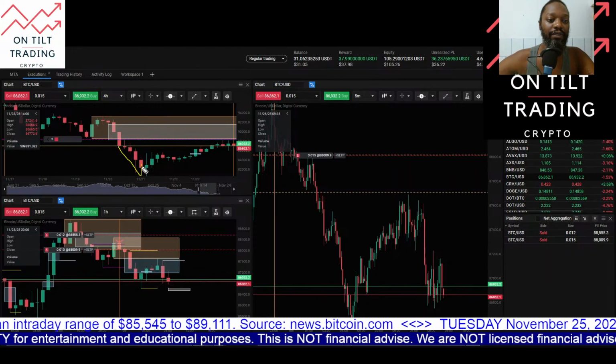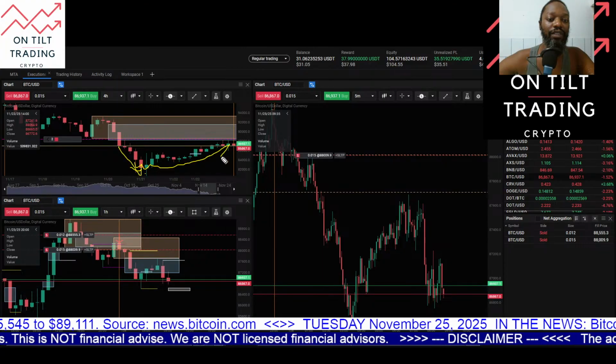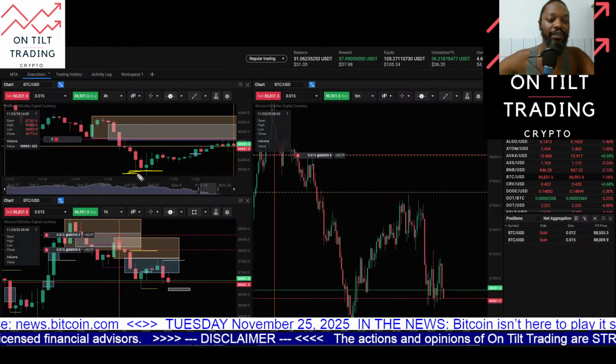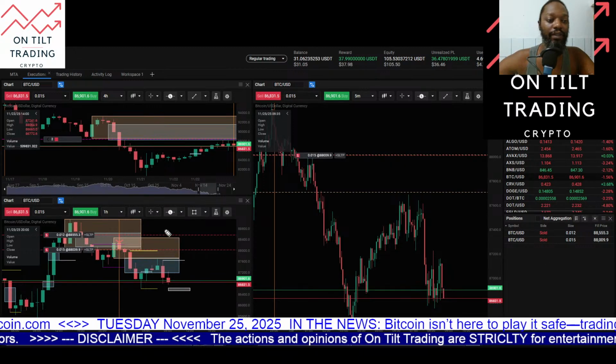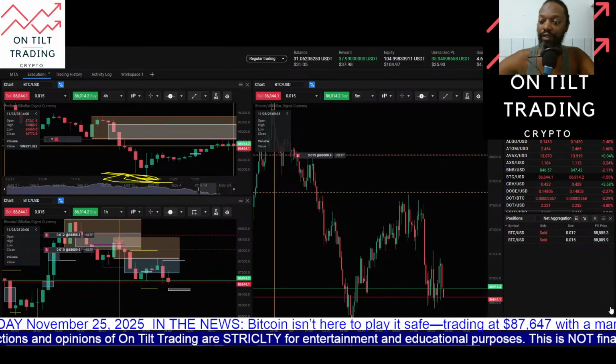Price then delivered to the sell side before consolidating here and then redelivering here back to the buy side, leaving some sell side liquidity resting below this level here for last week.